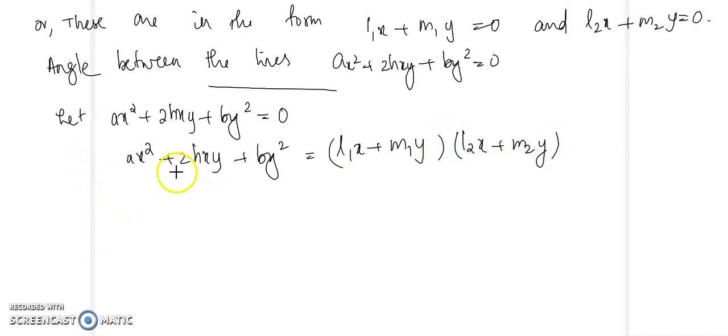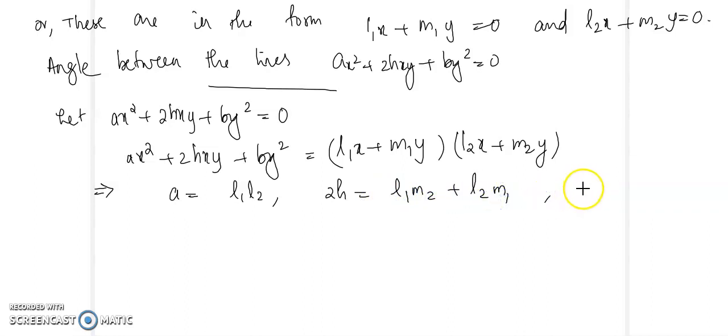Now let us equate the coefficients of x square, xy and y square on both sides. So this implies you have a equal to L1 L2, then 2h will be equal to L1 M2 plus L2 M1, and b will be equal to M1 M2.